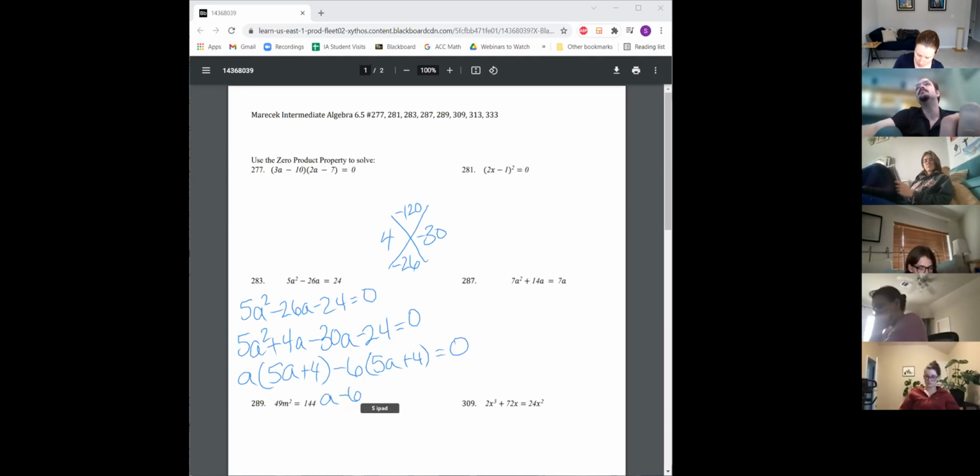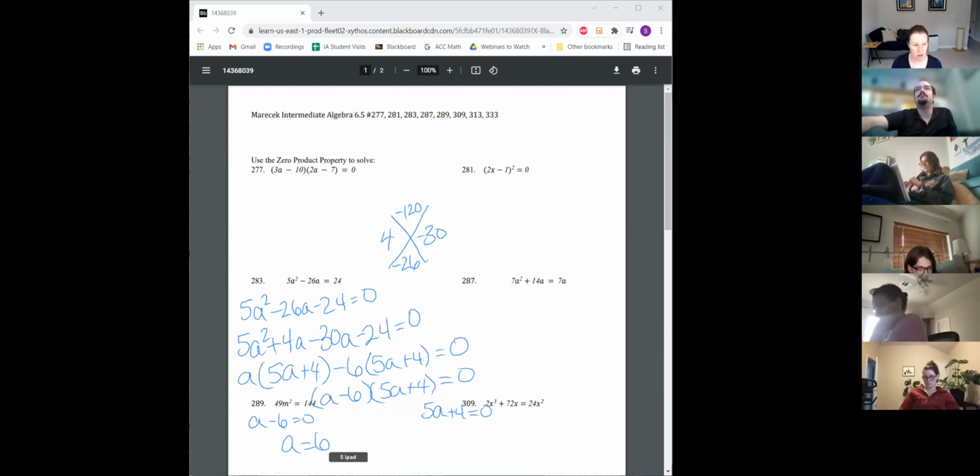Okay. And then I made them both equal to 0. And for the a minus 6, I got a equals 6. And then the 5a plus 4, it was a equals negative 4/5. I mean, yeah.